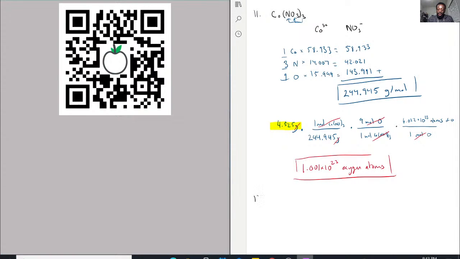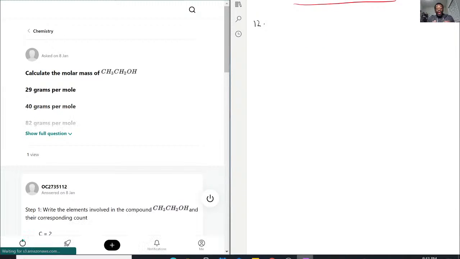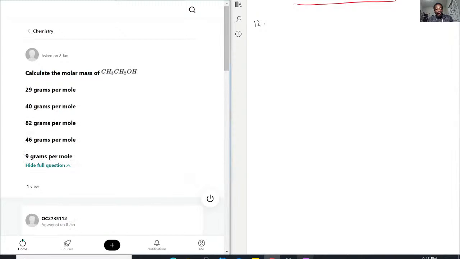Now for question number 12, we have: calculate the molar mass of CH3CH2OH. Funny enough, this is ethanol, because that's ethane, CH3 is ethane, and when you substitute one hydrogen with a hydroxide, that is how you make alcohol.